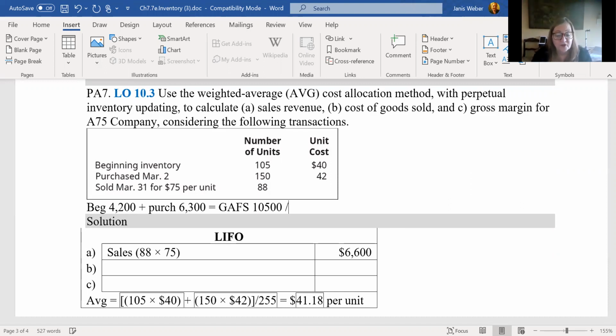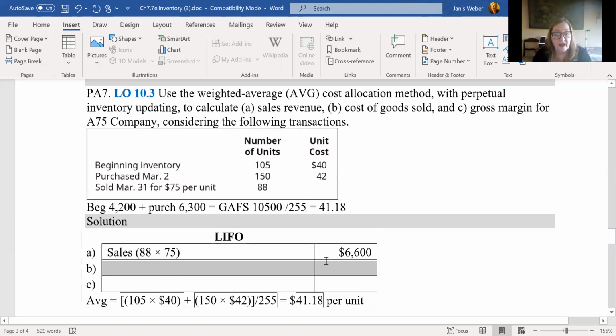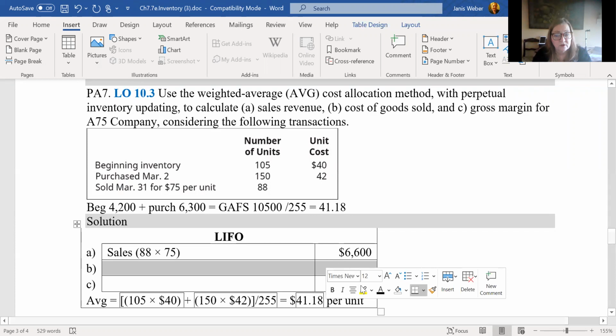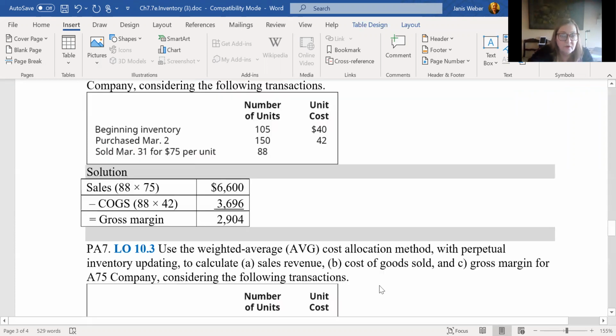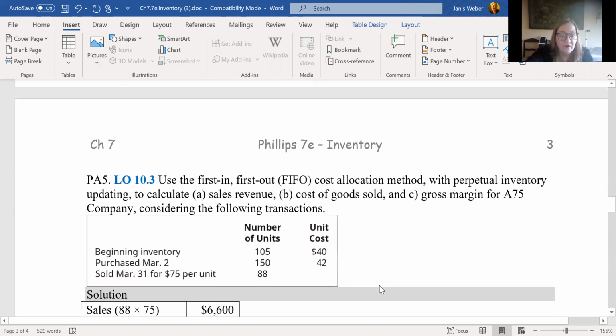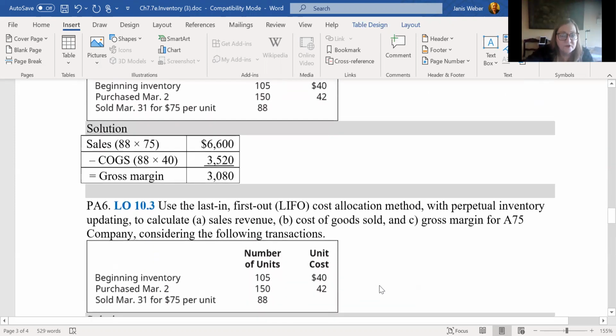If I divide that by the total number of units, 105 plus 150 is 255. That brings me to the same number they got, which is 41.18. And it might be off, but just a little bit for rounding, but it's pretty close. So that's my cost figure for average. This one, first in, first out.